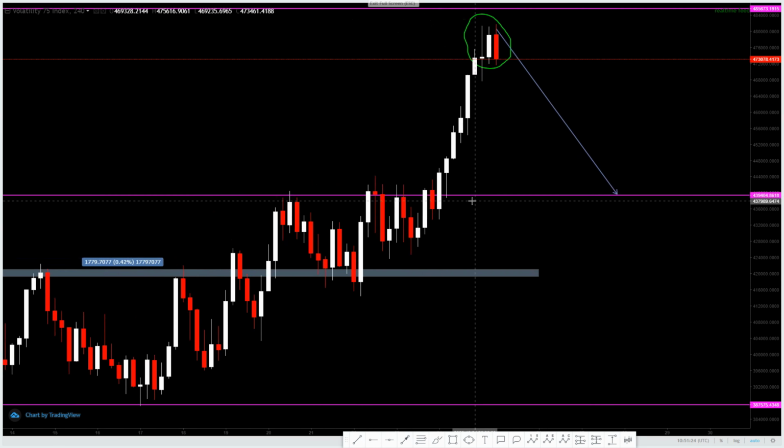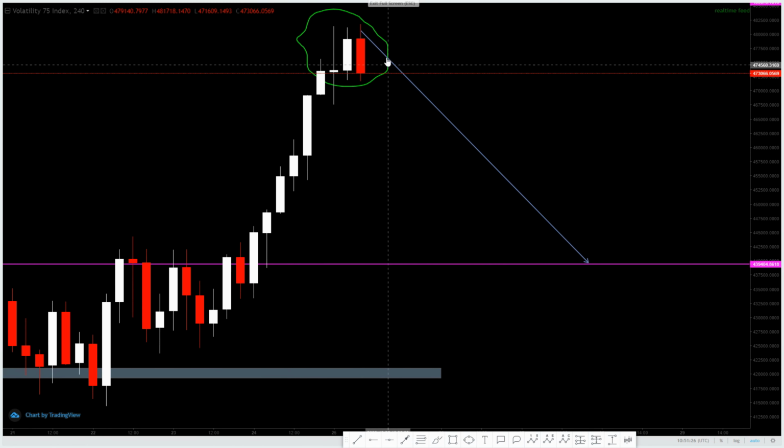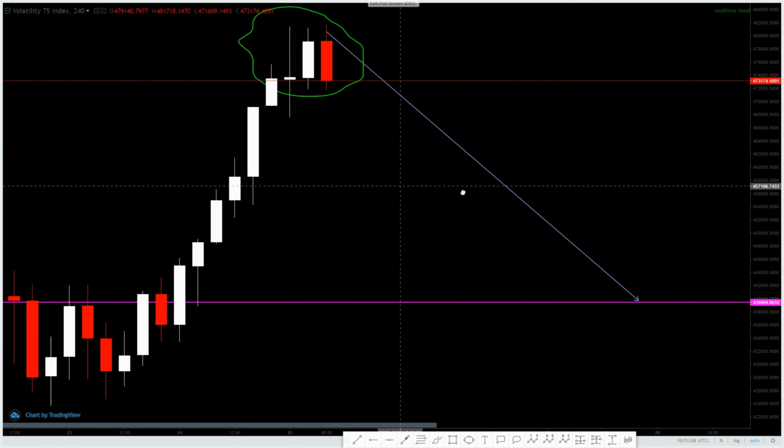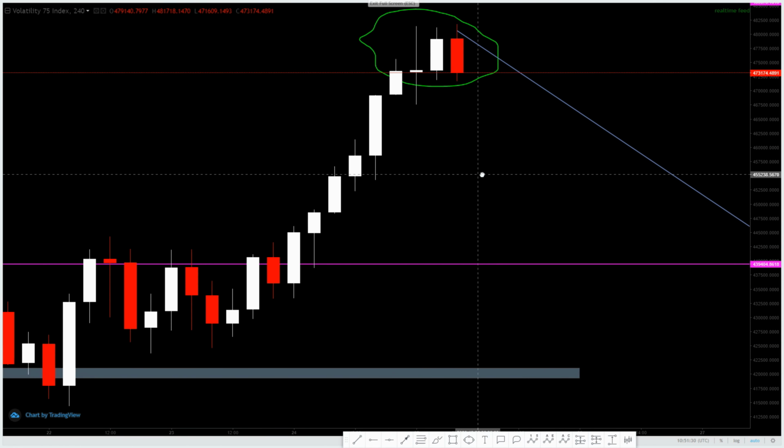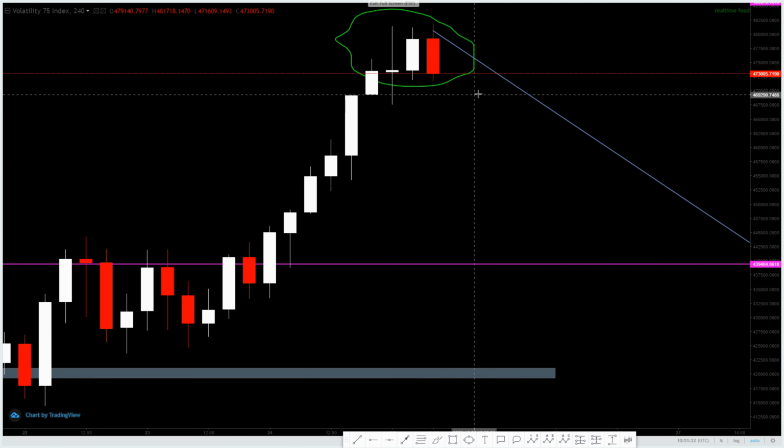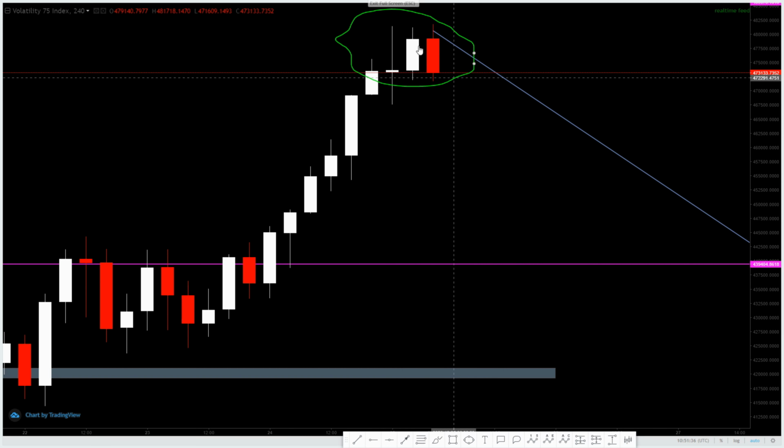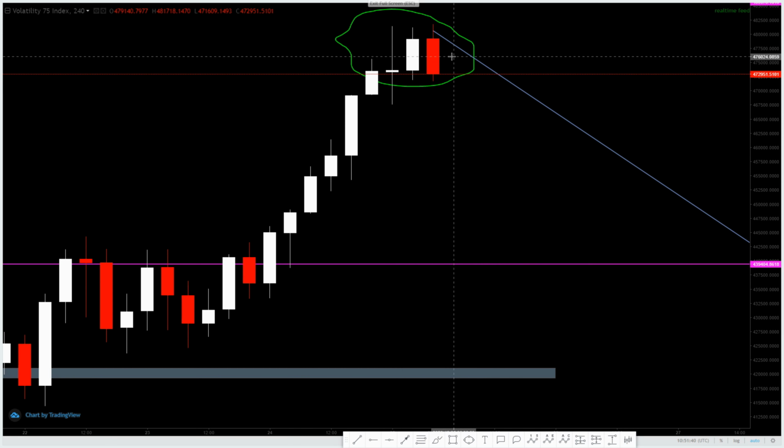As you can see right here, if this candle closes the way it is right now, this is what I call the tweezer top. So since it is a tweezer top right here, what does a tweezer top mean in the forex market? Whenever you're having a tweezer top, the market is actually going to sell.